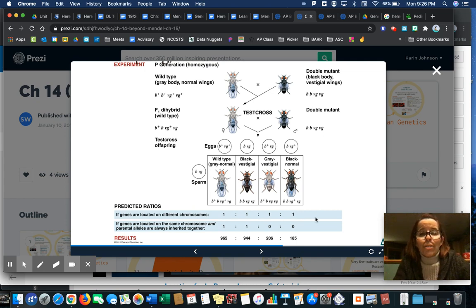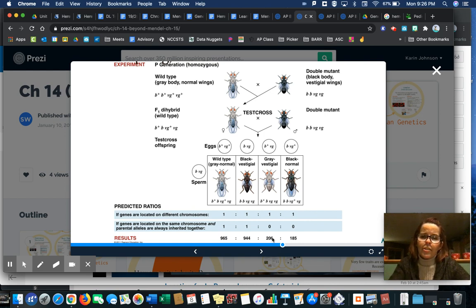And that's how we know that they're not linked. If they're on the same chromosome and that chromosome travels with both of them attached, then we should only see offspring that either look like the mom or look like the dad, and no recombinants. However, we find that sometimes we get ratios that are sort of in between.